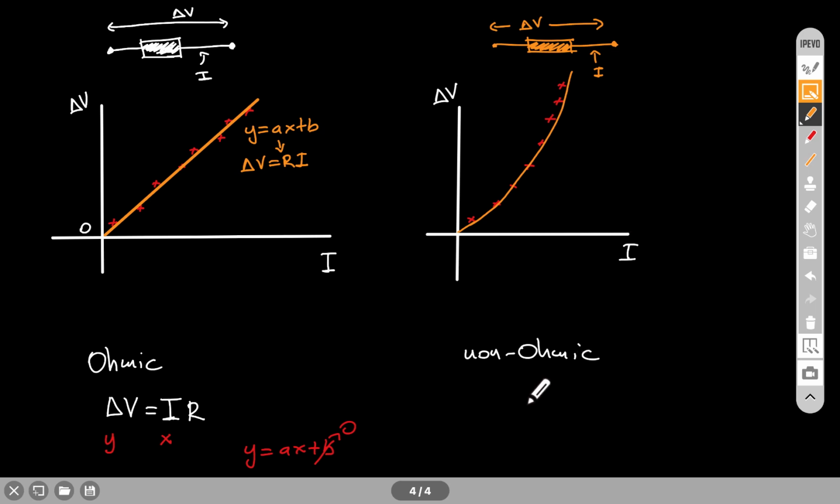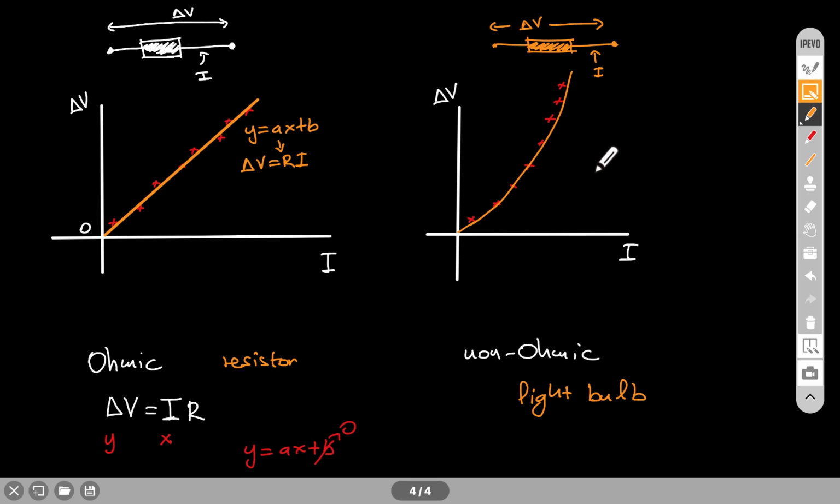And this is telling you, for example, that a light bulb is made from non-ohmic materials. And an example of ohmic would be resistors. So this is how you can distinguish between the two types of materials.